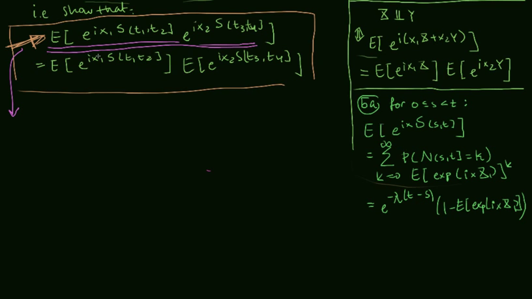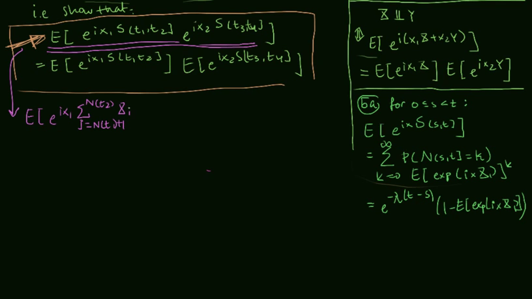So if I look at the mean value of e to the i x1 multiplied by the increment from time t1 to t2, what I have here actually is the sum, right? So the sum for j equal to N of t1 plus 1, so the number of claims at time t1 plus 1, up to time t2.